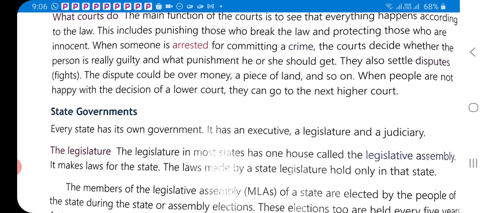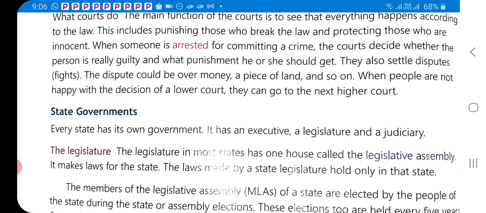When someone is arrested for committing a crime, the court decides whether the person is really guilty and what punishment he or she should get. The courts also settle disputes, and these disputes can be related to matters like money, a piece of land, and so on.